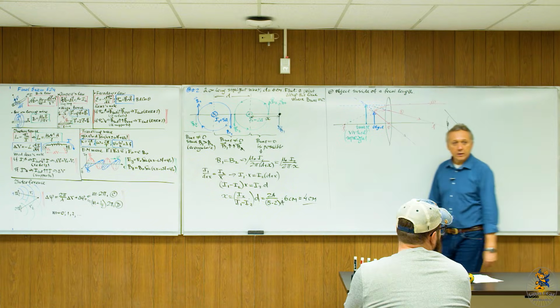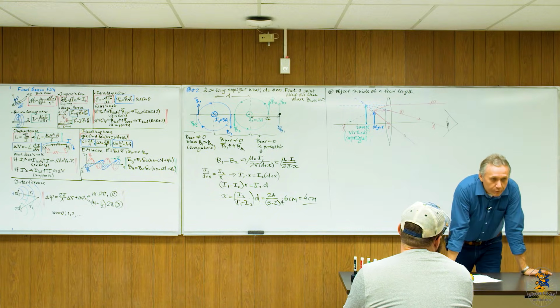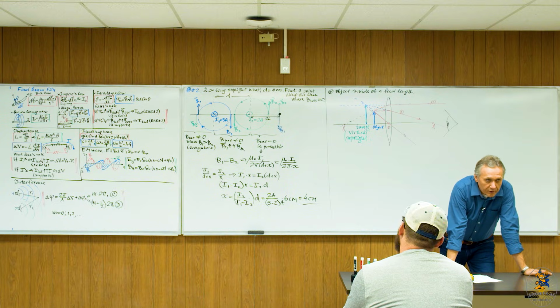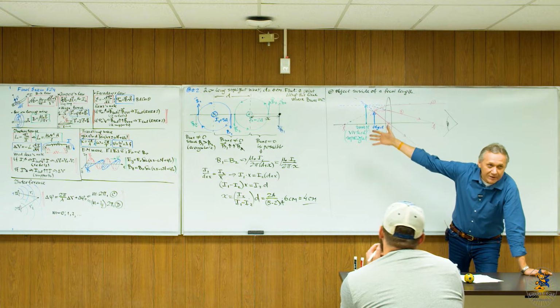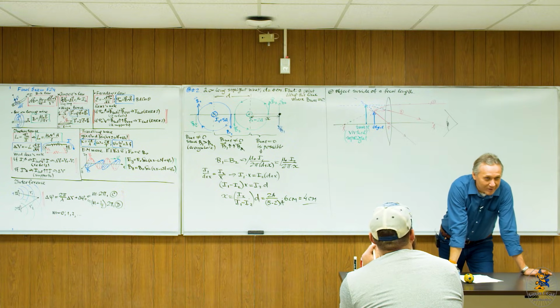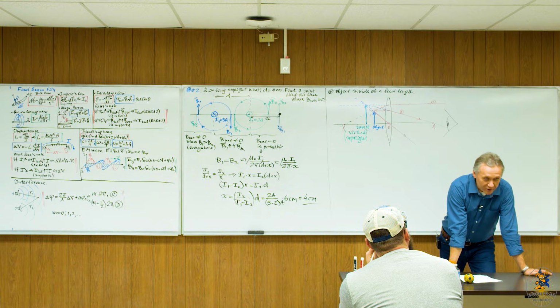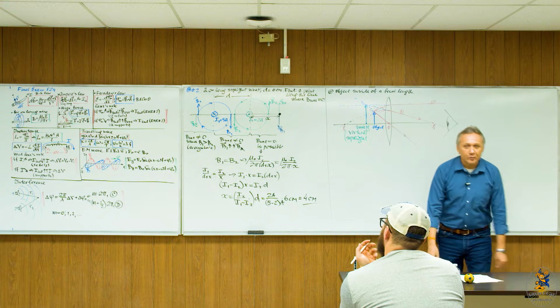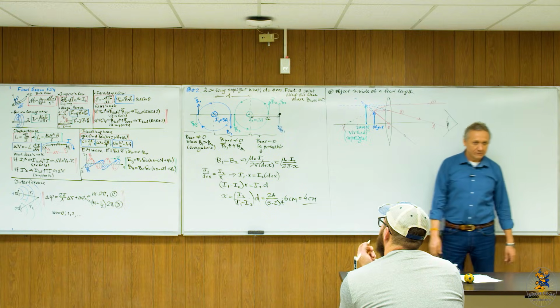Of course, magnetic fields are vectors, and that's why we can get cancellation. Currents are not vectors. Current is a strange quantity which has direction and magnitude, but it doesn't follow the rules of vector algebra.